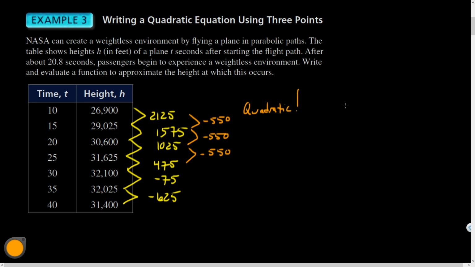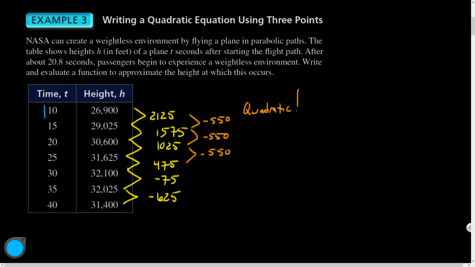Now, the point of all that is that I can use this data to try to write a quadratic equation. Notice it says 3 points, and you might think there are a lot more points there than 3. I'm only going to use 3.